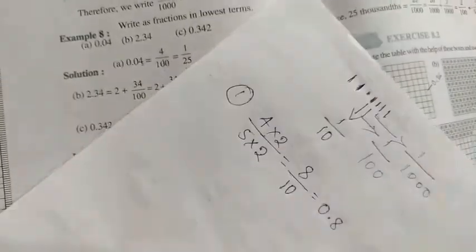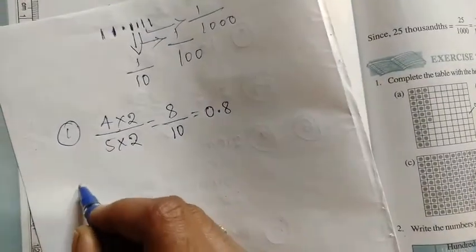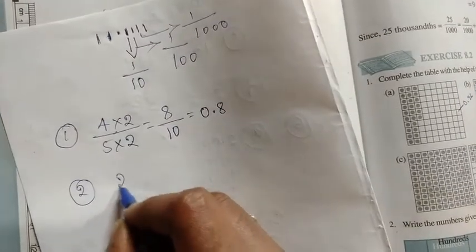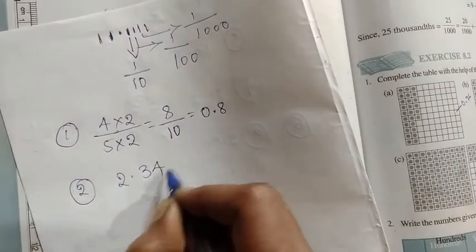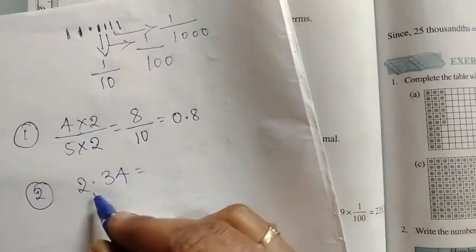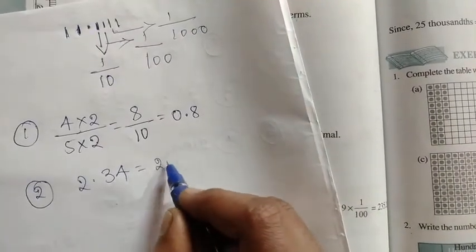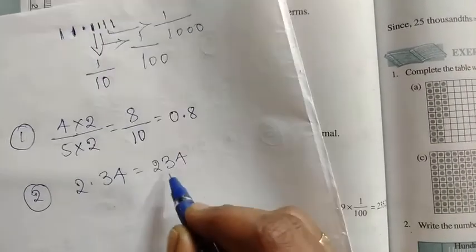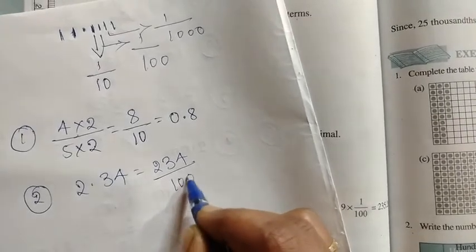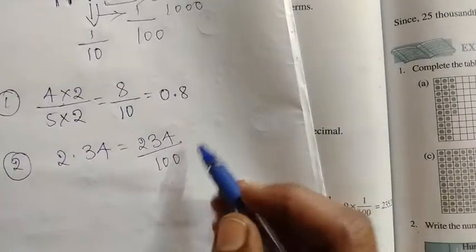This one you have to write also, very easy. 2.34. Okay, we have to write this one as 234 divided by 100. Yes.